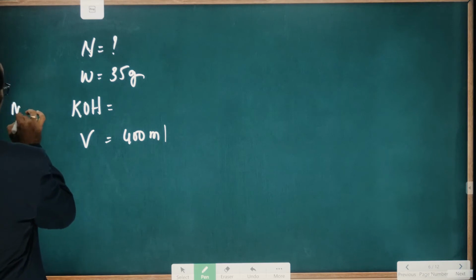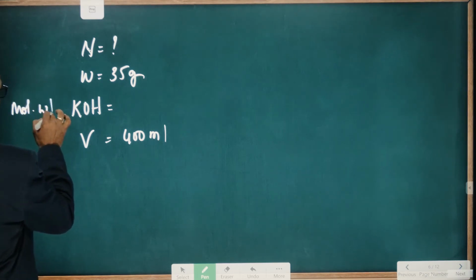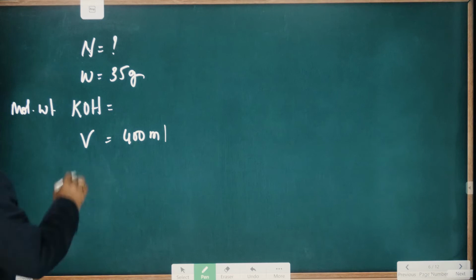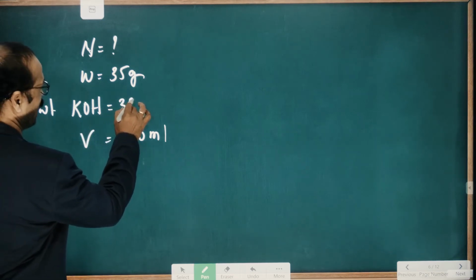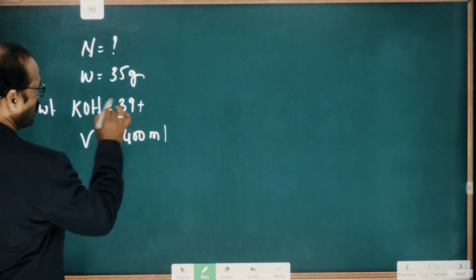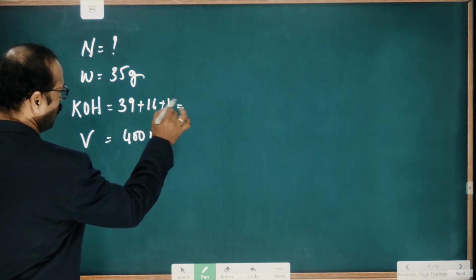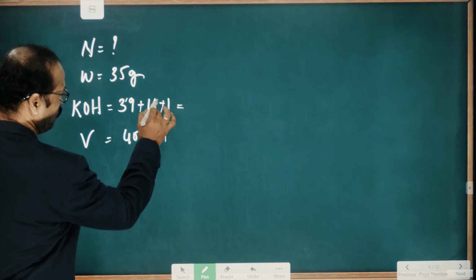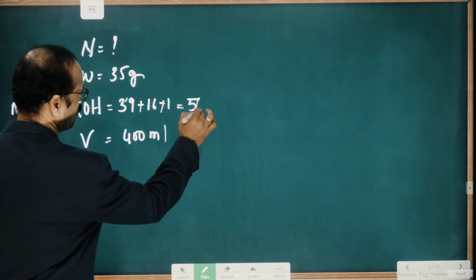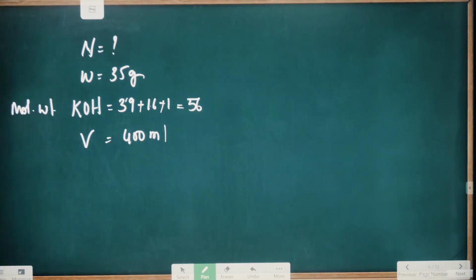And just now I told you how to calculate the molecular weight. Molecular weight of KOH: potassium is 39 plus oxygen is 16 plus hydrogen is 1. So 1 plus 39, 40, plus 16, 56. So you will get molecular weight 56.